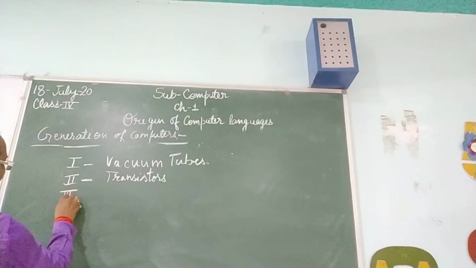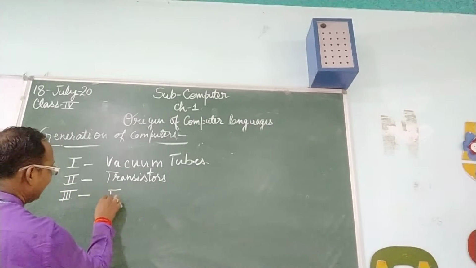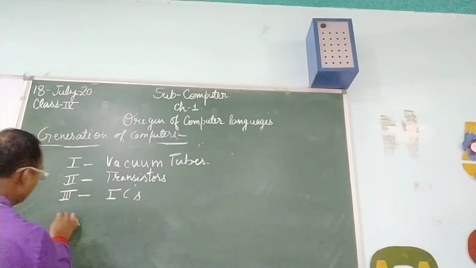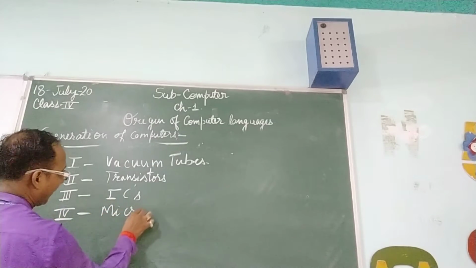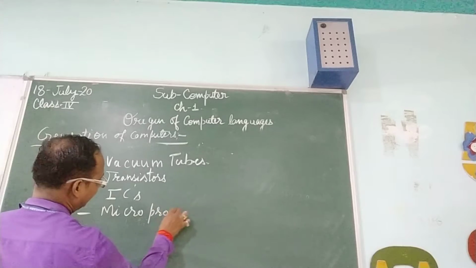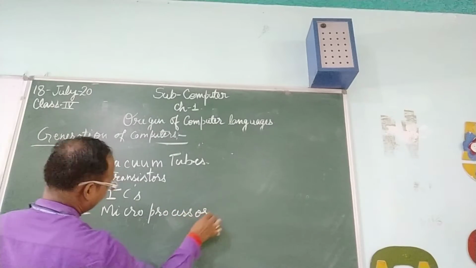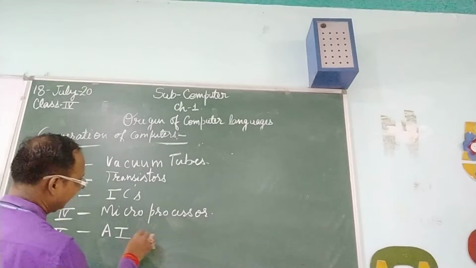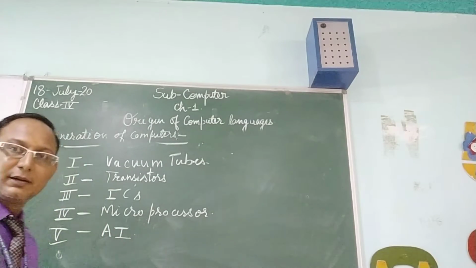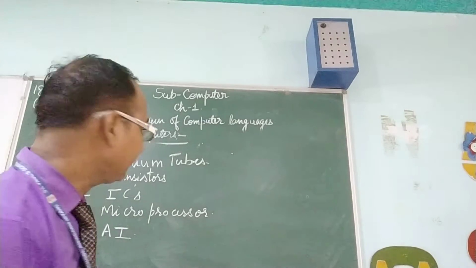In third generation, technology used ICs. And fourth generation was the microprocessor. In fifth, that is AI, that is artificial intelligence. Okay, is it clear?